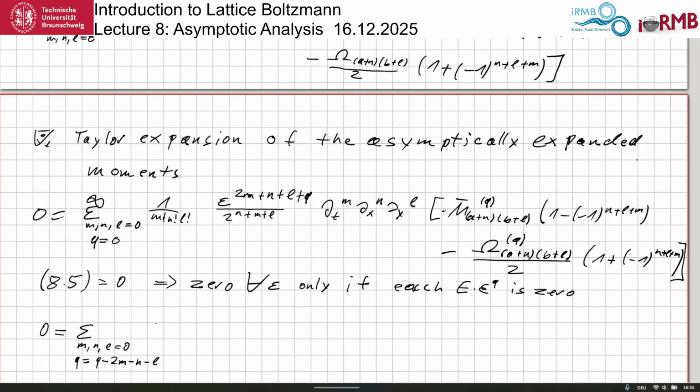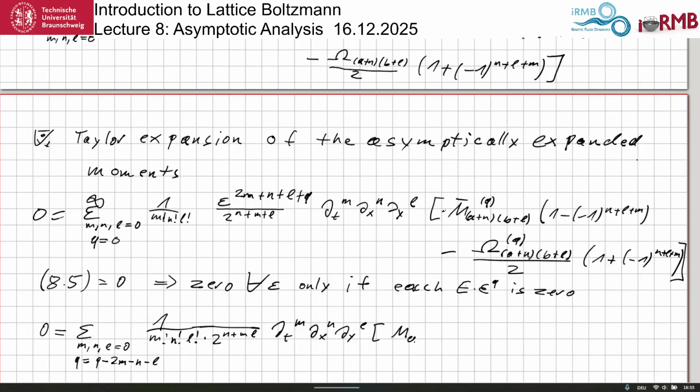And then we have again here m factorial, n factorial, L factorial. We have this 2 to the power of n plus m plus L. Okay, we can write this down here. And then we have the m derivative in t, the n derivative in x, and the L derivative in y.